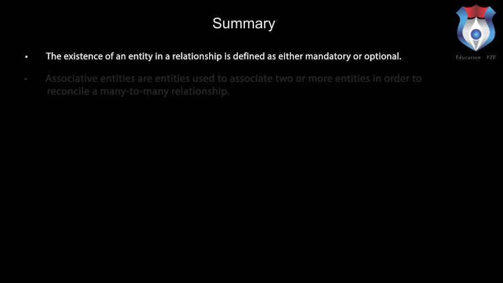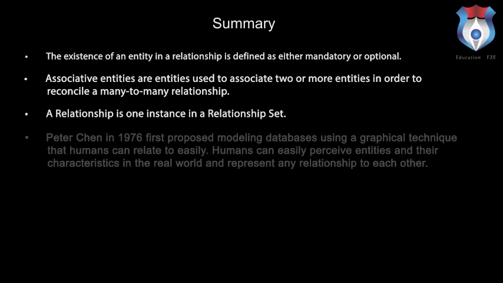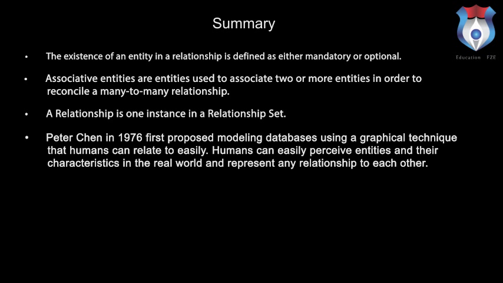Summary. Now in the end, let us summarize what we have learned in this lecture. The existence of an entity in a relationship is defined as either mandatory or optional. Associative entities are entities used to associate 2 or more entities in order to reconcile a many-to-many relationship. A relationship is one instance in a relationship set.